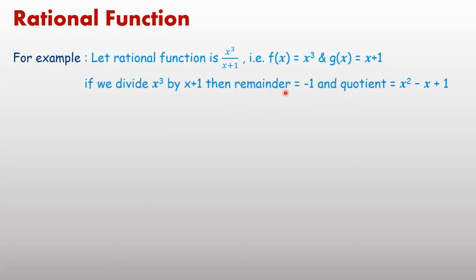When you divide, the remainder will be -1 and the quotient x² - x + 1. You can divide yourself, and after the division, we can write f(x) upon g(x) equal to quotient plus remainder upon g(x).